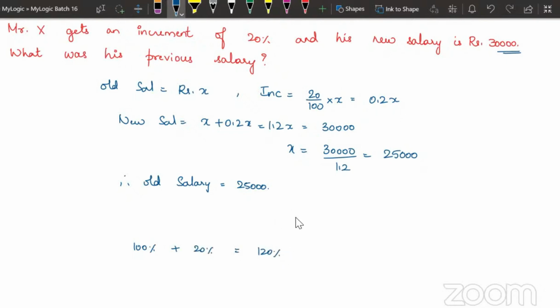So if 120% is 30,000, what is 100%? That is what you are calculating, which gives you the answer 25,000 rupees. Everybody understood this?